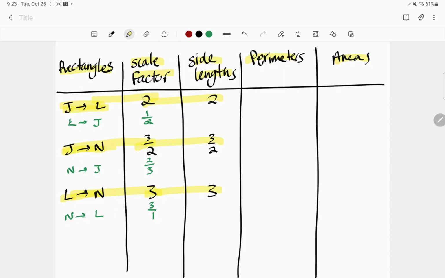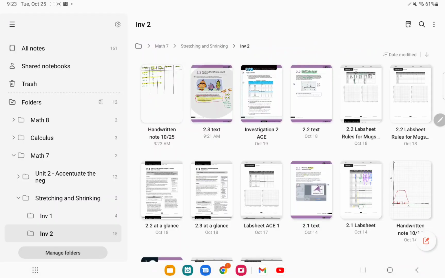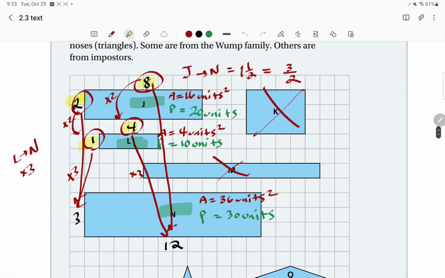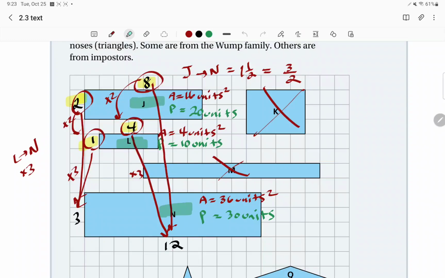Now look at the perimeters. Compare the perimeters and figure out what the scale factors are there. Meaning, let's take a look at, for example, the perimeter of J is 20. The perimeter of L is 10. What do I multiply to go from 20 to 10?